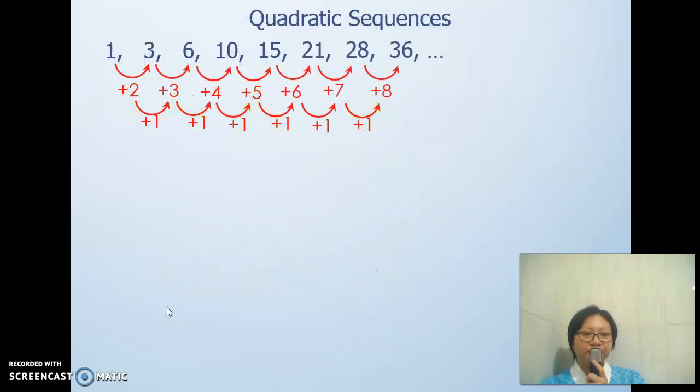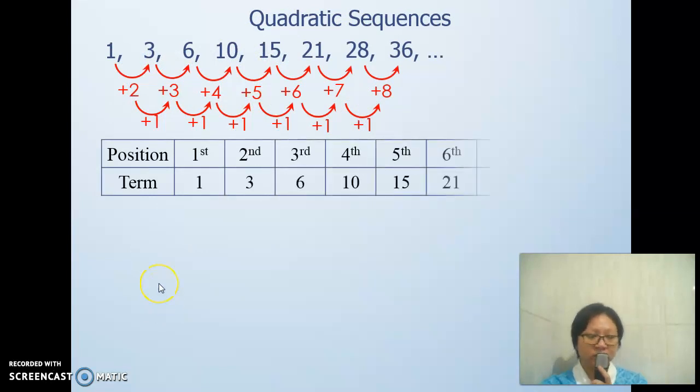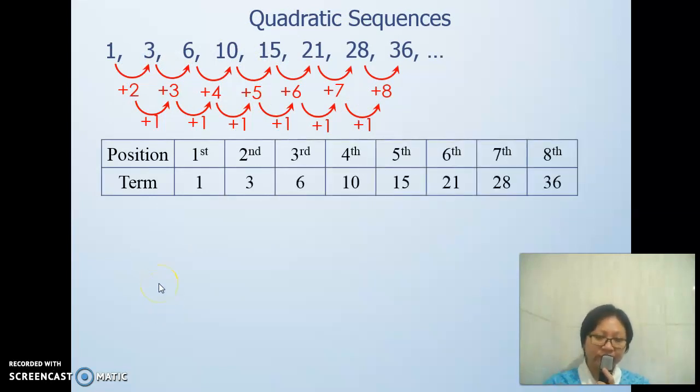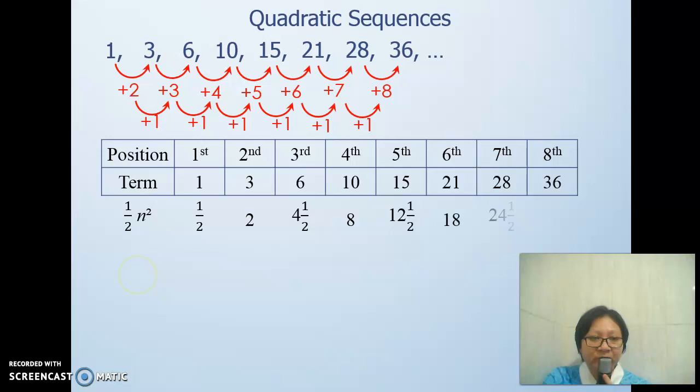So you need to use half of the perfect square numbers. Why half? Because the last difference is 1. You need to divide by 2. Like this. The second square number is 4. If you divide by 2, you get 2.